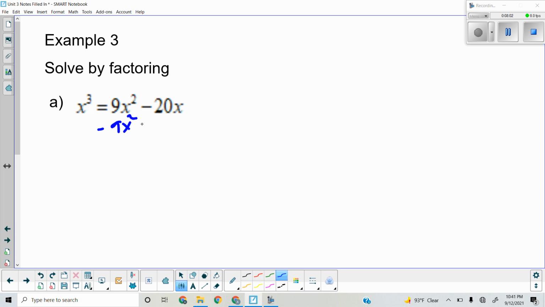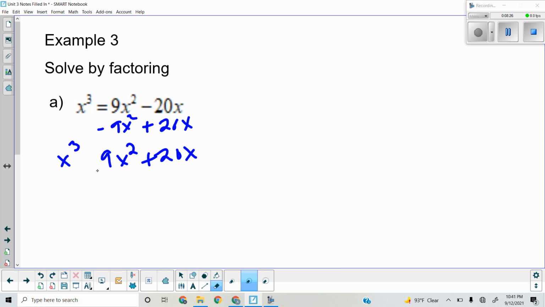So I'm going to subtract 9x squared and add 20x. And we would do that on both sides, getting us x cubed minus 9x squared plus 20x equals 0.